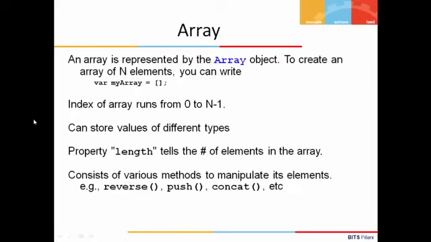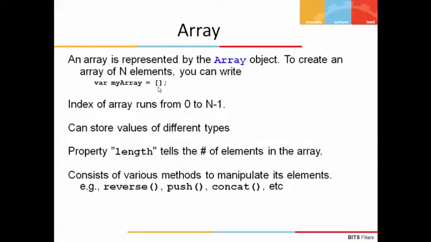So what is an array? Array, we all know, is basically a representation of a series of elements. To create an array, I could have var, which is a keyword, and the name of the array equals square braces.